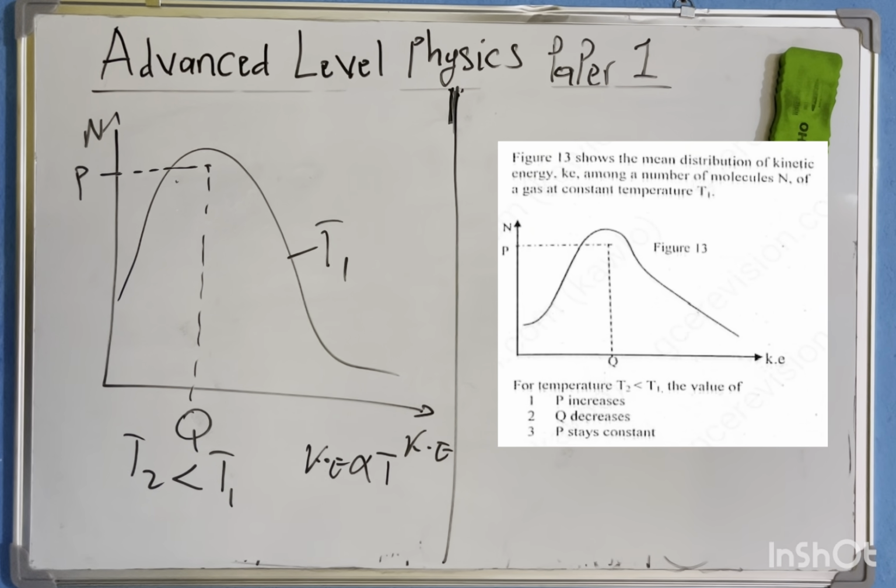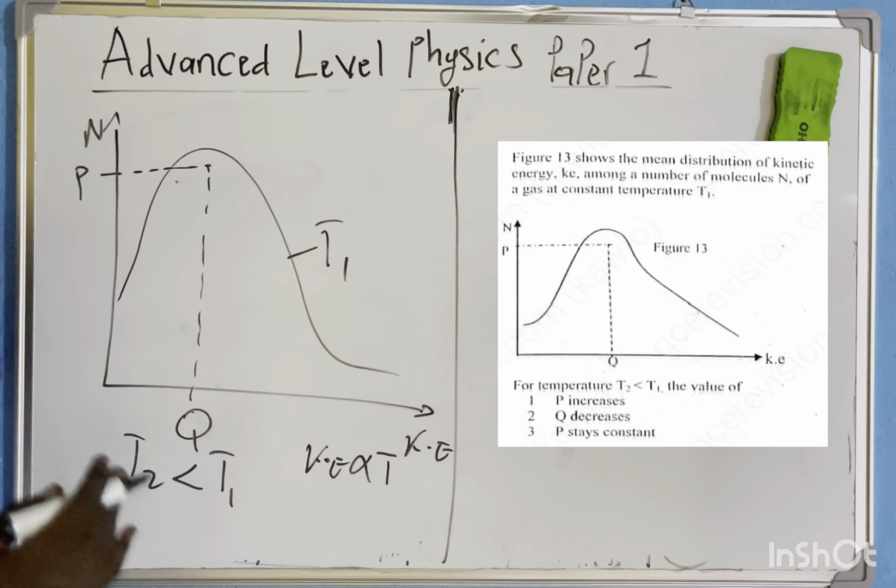The more they are mobile. Now, if the temperature is reduced to T2, P will increase. Is it correct? Understand, P is the number of molecules present in the gas at the temperature T1. It means that if I decrease the temperature to T2, will the number of molecules reduce?